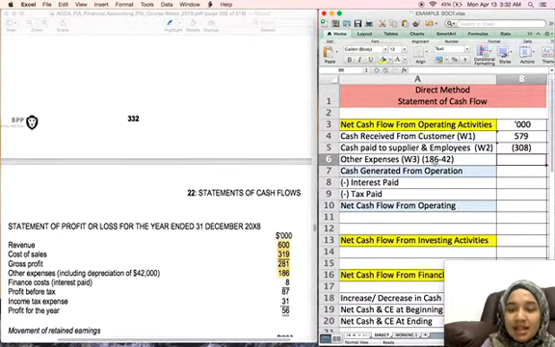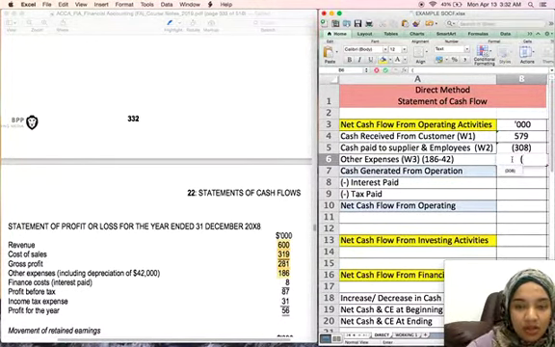So, you have to minus it. 186 minus 42. How much is that? 144. So, you minus 144. Okay. Finance cost, we will put as interest paid, we put it here.